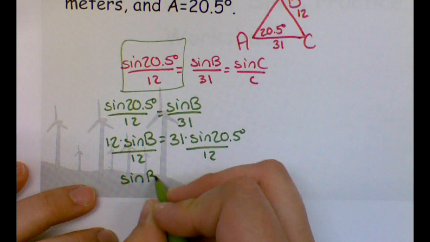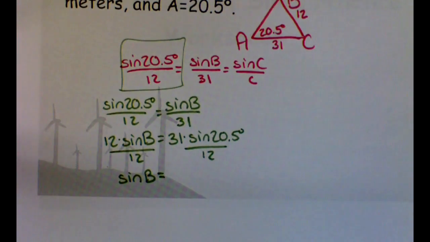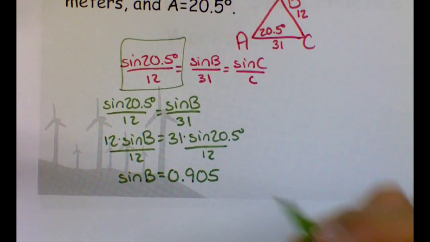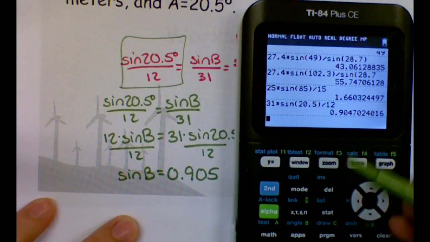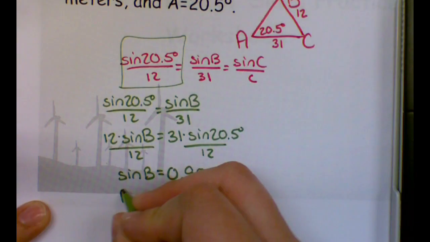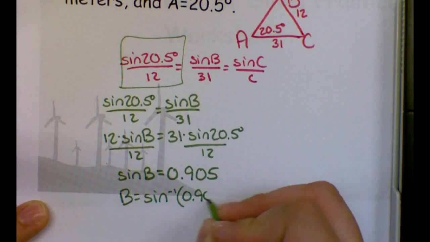I get that the sine of angle B is about 0.905. So if I'm looking at my calculator, it's 9047 and so on. I want to do the inverse sine of that number to get my angle B.